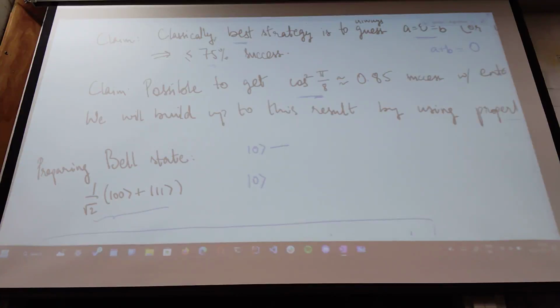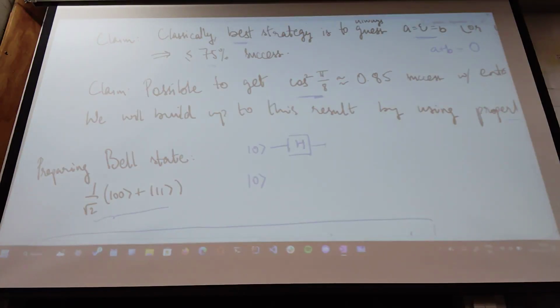Is it Hadamard? Yes! When in doubt, you do a Hadamard. 99% of the times, the first gate in your quantum circuit will be a Hadamard. Only 1% of the time, it will not be a Hadamard.